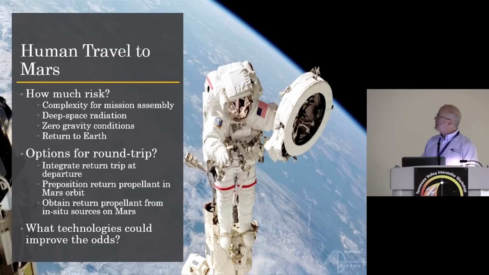So a little bit about what humans would have to deal with going to Mars. First question is, how much risk are you willing to tolerate? You have a lot of complexity for mission assembly. You'd probably be assembling something close to lunar orbit so that you could take off there without having to fight the gravity wells. You have to worry about deep space radiation, and so you have time and shielding.